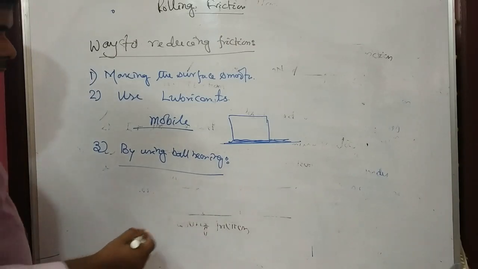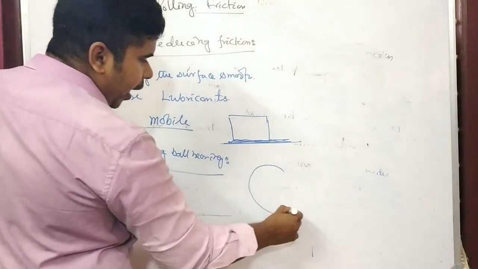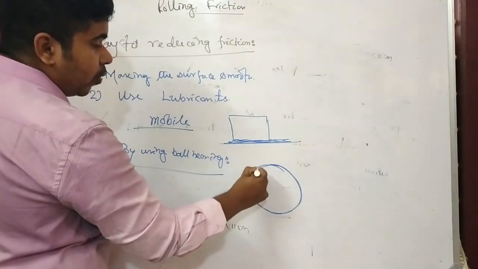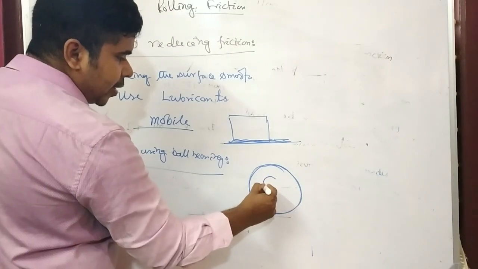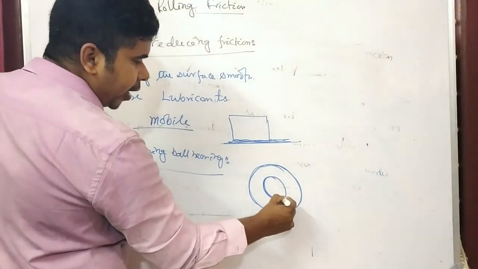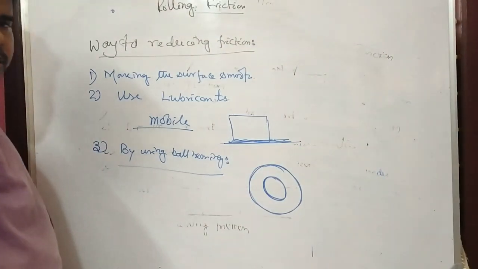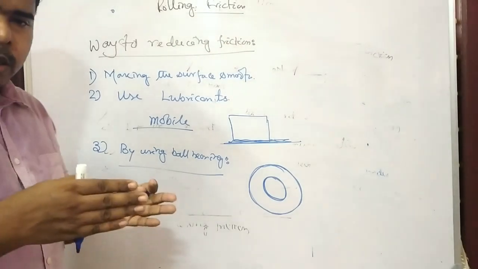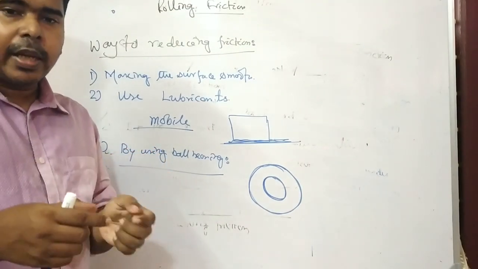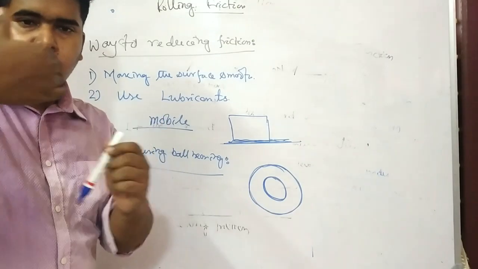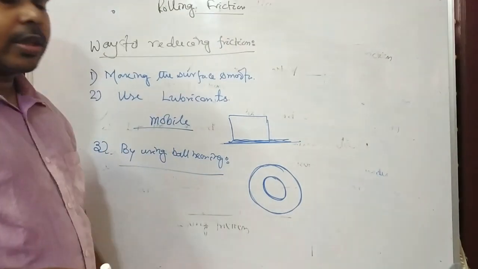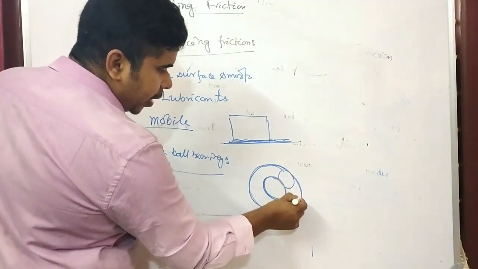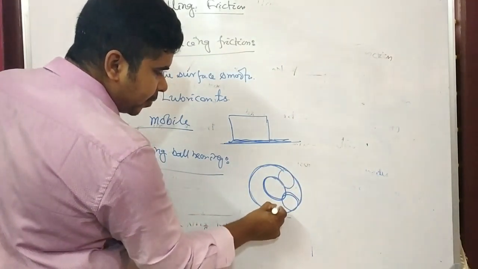At the place where your wheel is connected, two cylinders are kept, a larger cylinder and a smaller cylinder. You can see it at the center of the cycle wheel where it rotates. These two cylinders are connected by some smaller balls.